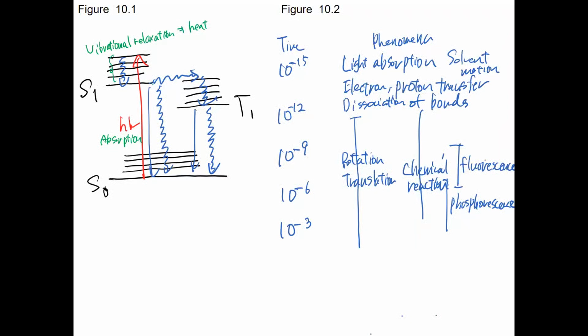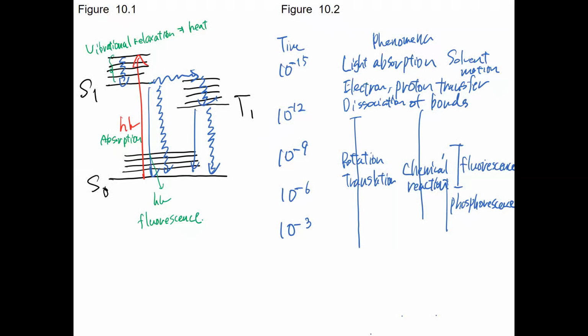And from the bottom of here, you have two processes from the S1 state. One is light emitting, which is called fluorescence. And also there's some thermal decay.